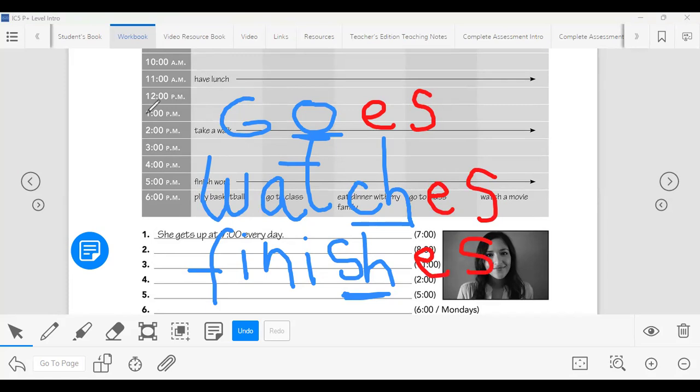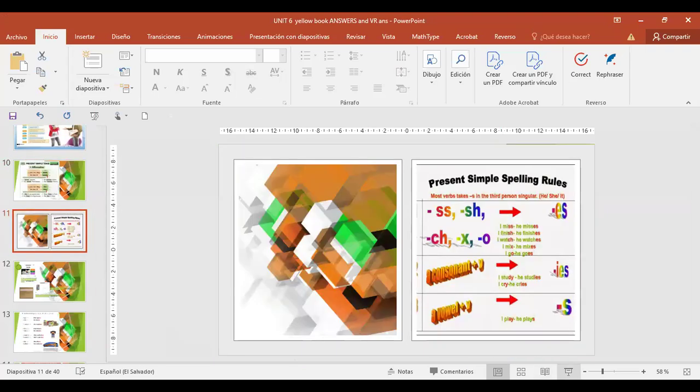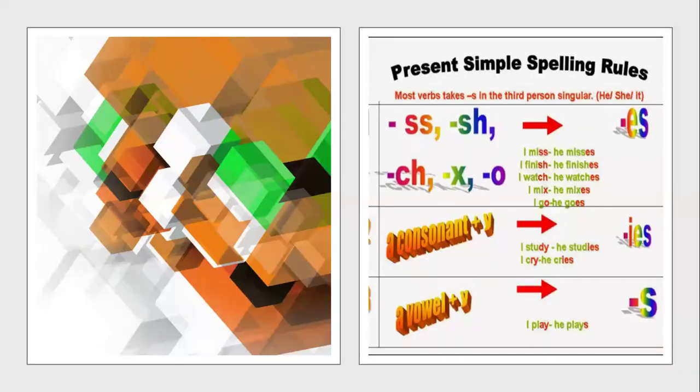Well, to observe the last letter or letters in the verb. Here we have the example. So you see now. I'm going to show you this. Basically, here we have the rule.